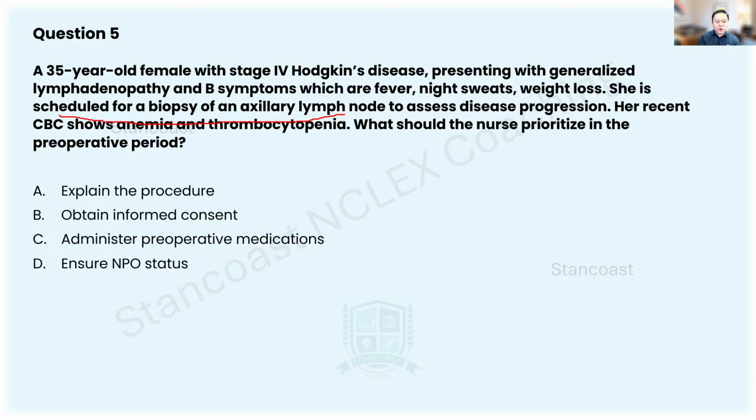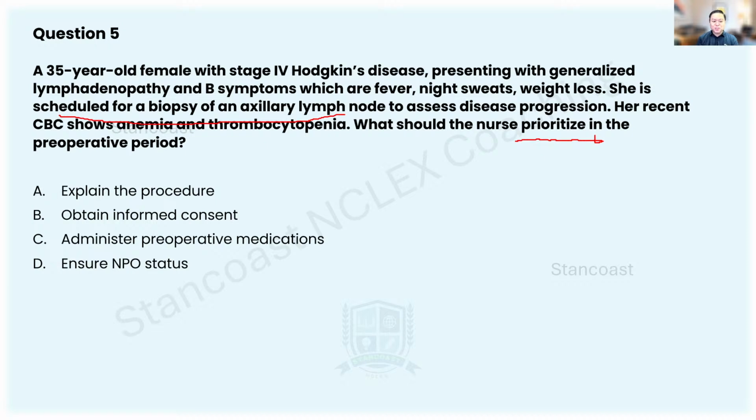The priority task. Okay? This is very important. Obtaining informed consent. We're not just talking about simply grabbing that paperwork and have them sign the paperwork. No, it's just not talking about that. It's actually involving a conversation between the nurse and the patient.